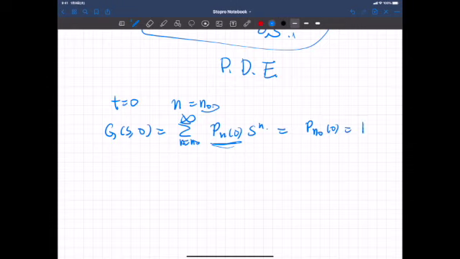Wait a minute. No, it's not P0. Because this summation starts from n0, it should be s to the power of n0, so this is 1 and everything else is 0, so that's s to the power of n0. So this should be the initial condition.